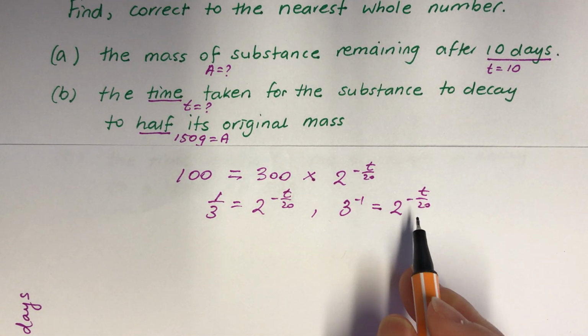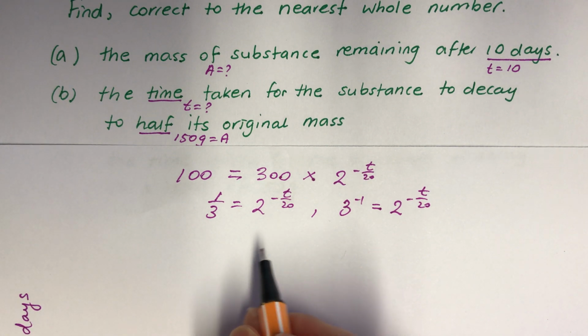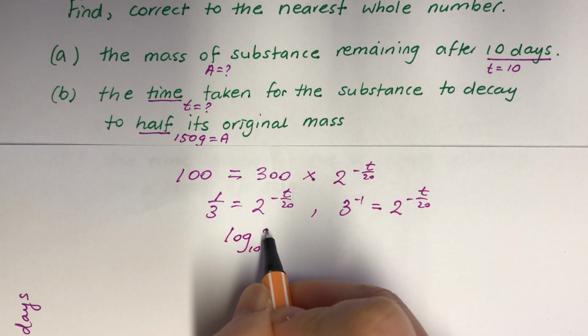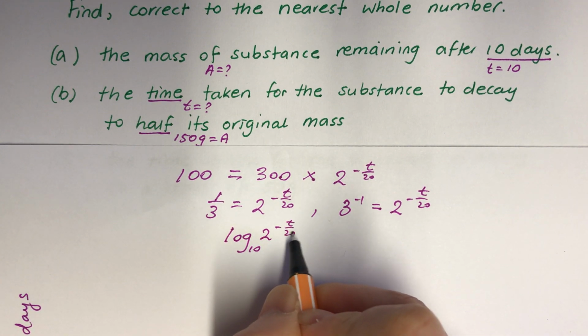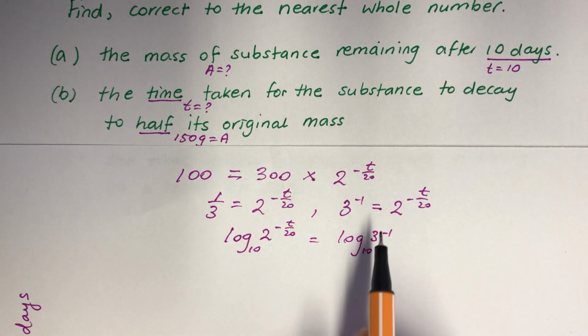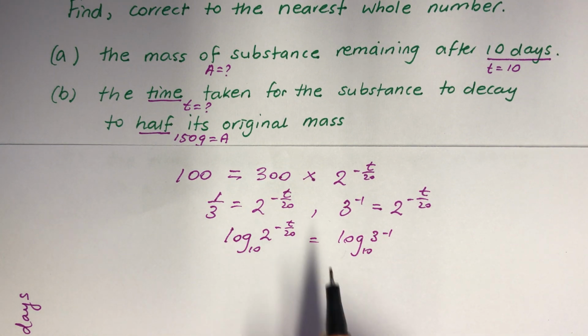Okay, so we can't really do what we did before. So all we have to do now is take log, isn't it? So I'm going to take log base 10 of 2 to the power of minus T over 20 equals log 10 of 1 over 3. All I've done was swap this the other way around because I want this to be my left hand side.